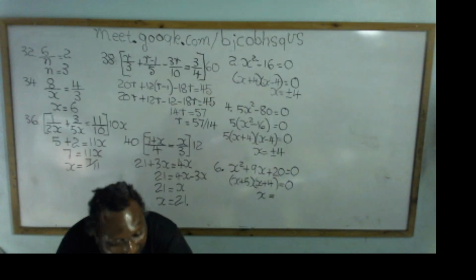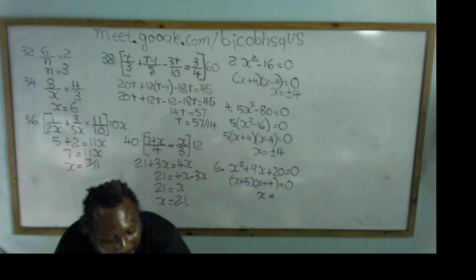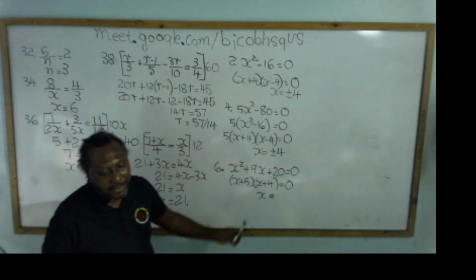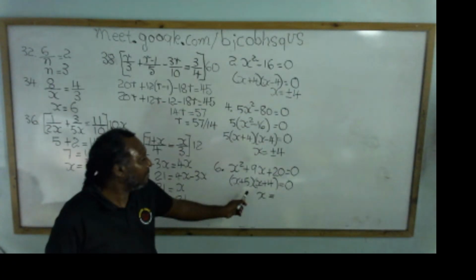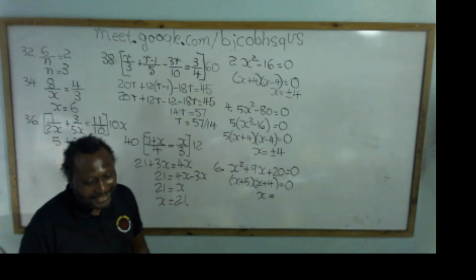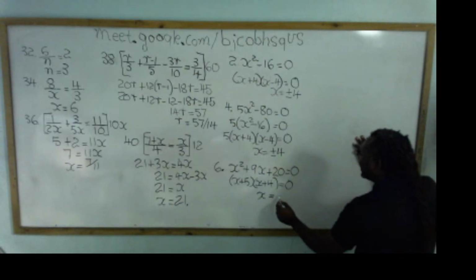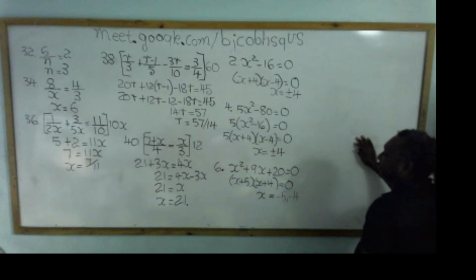Of course, if you want to say 5 and 4, 4 and 5. So what would be the result? If x plus 5 is equal to 0, x is equal to negative 5, and so on. So we have x is equal to negative 5, negative 4. Number 7.